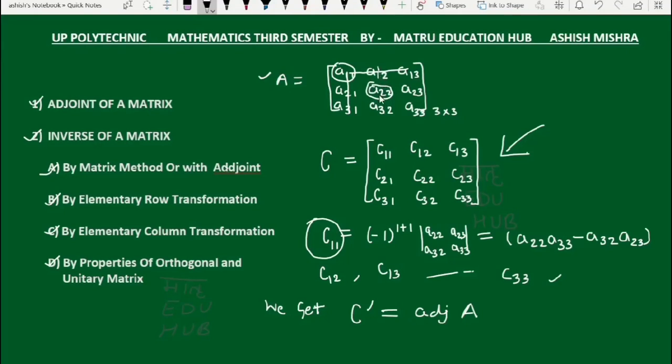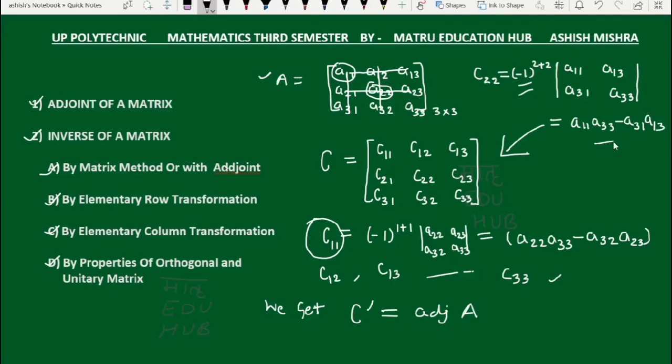We hide A22 vertically and horizontally, and we get C22 as minus 1 power 2 plus 2 times the determinant with A11, A31, A13, A33, and find the value of this determinant. This is plus A11 A33 minus A31 A13. This is the value of C22.